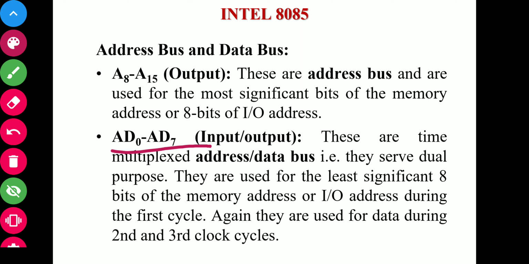I already told you it can act as either data bus or address bus according to the instruction given to it. So they are used for the least significant 8 bits of the memory address or I/O address during the first cycle. Again, they are used for data during the second and third clock cycles.